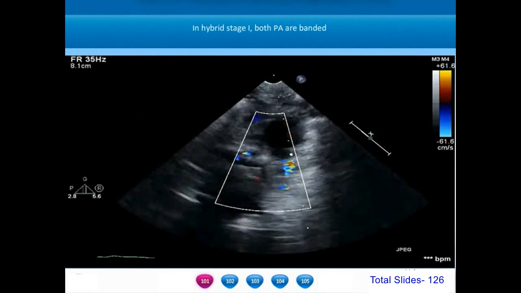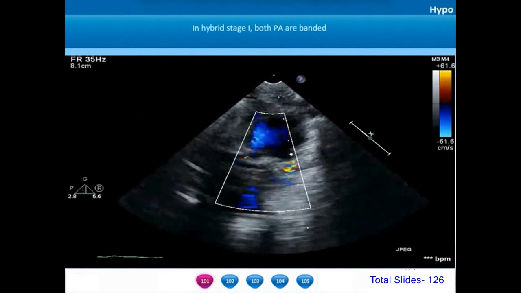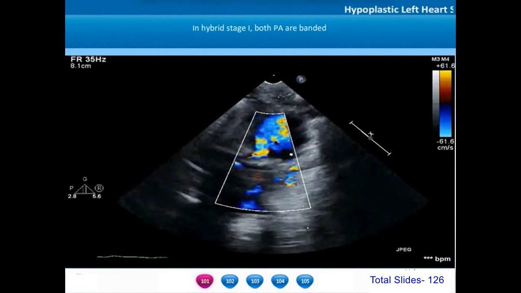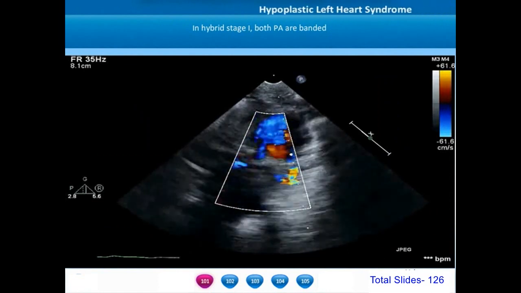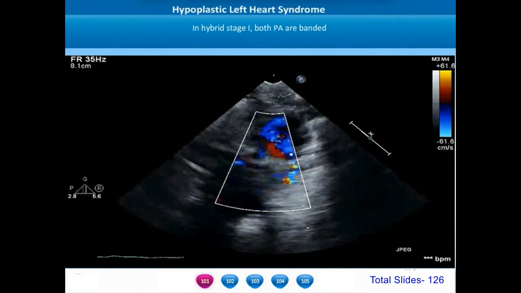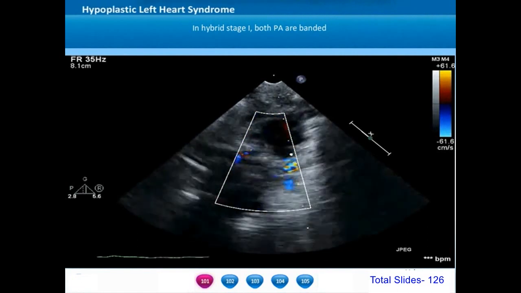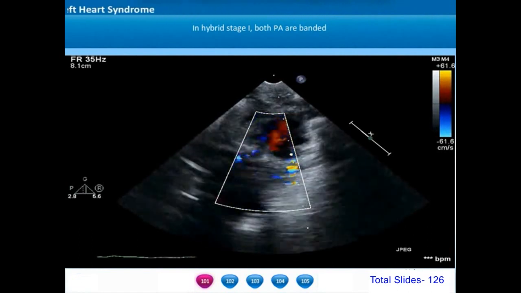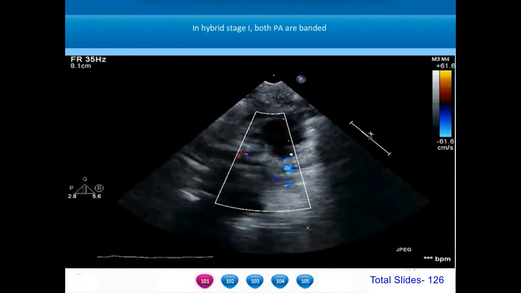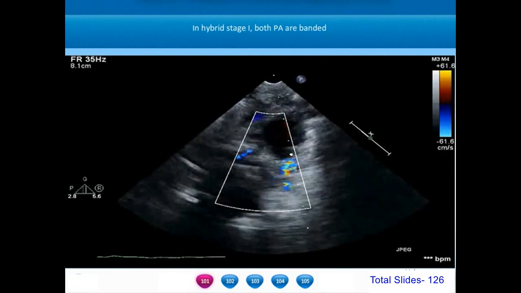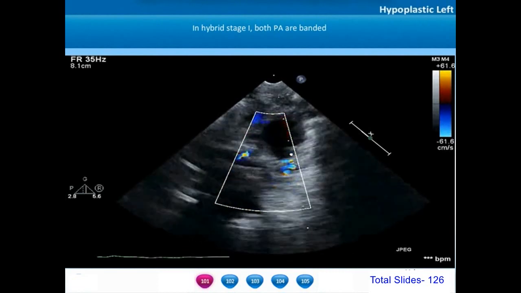In hybrid stage 1 palliation, both the pulmonary arteries are tightly banded, very close to their origin. This is again a short axis view showing the mosaic color flow into both the right and the left pulmonary arteries. The turbulence is caused by a tight RPA and LPA ostial banding.